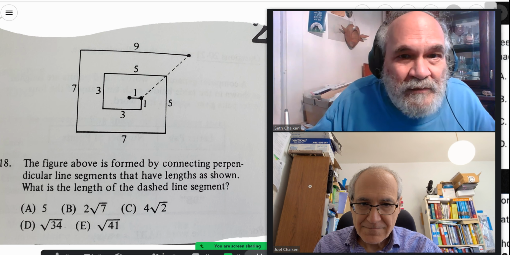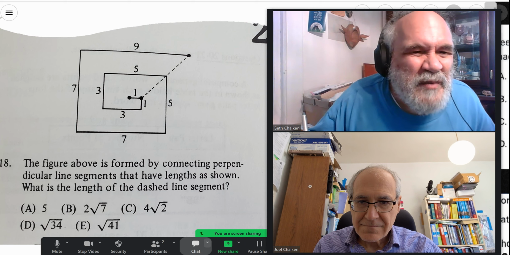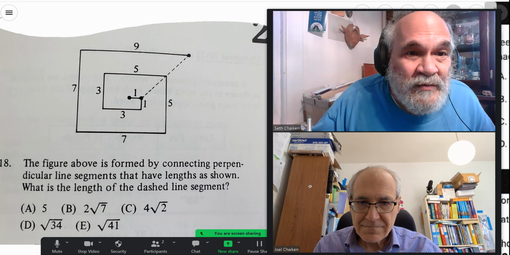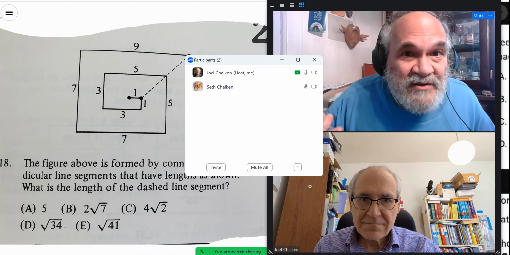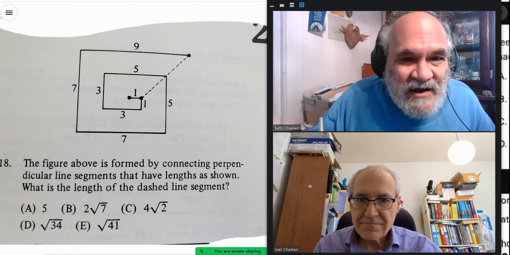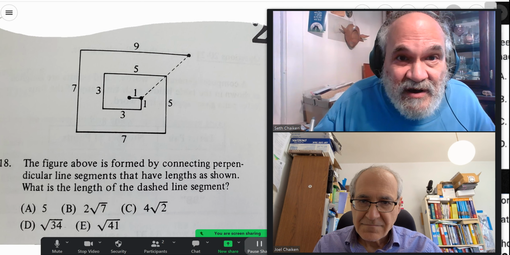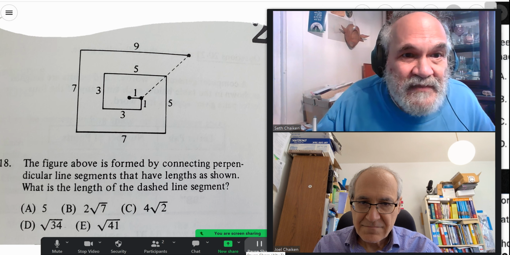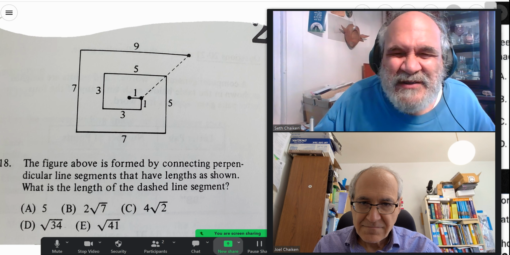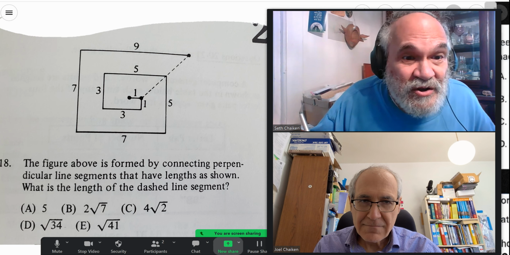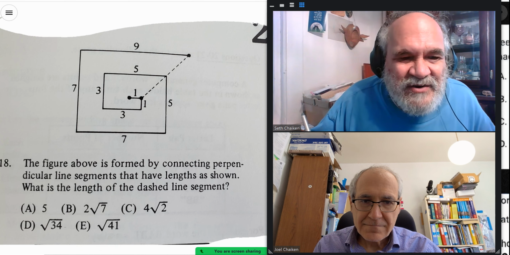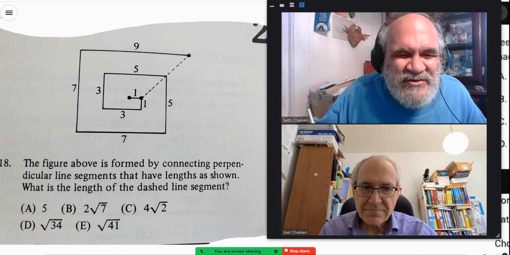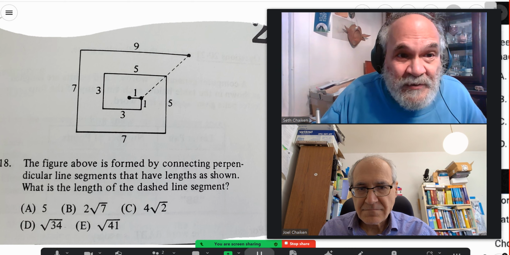Okay. So here we go. So my approach here is we want to find the length of the dashed line. And so what tells me that we should use the Pythagorean theorem? You can get a clue to use the Pythagorean theorem because some of the choices involve square roots.